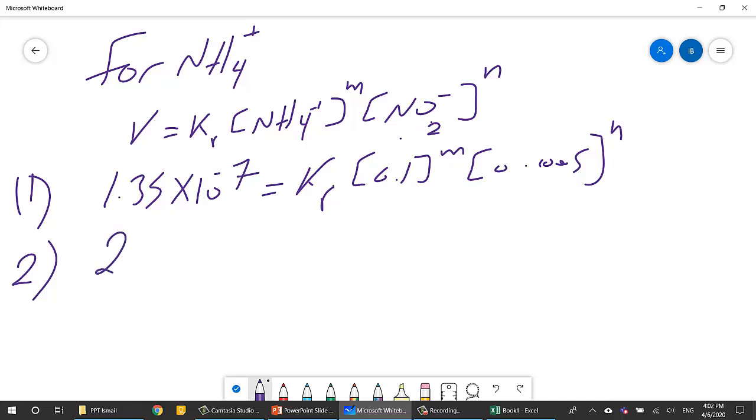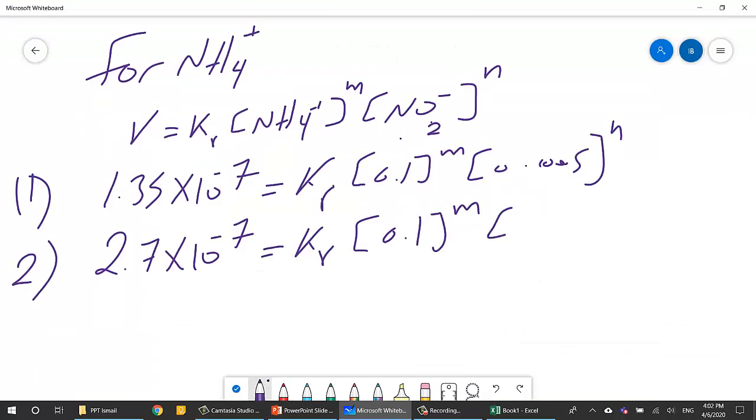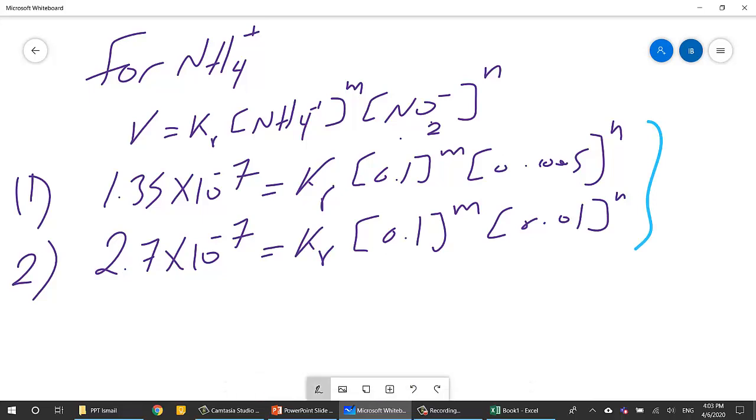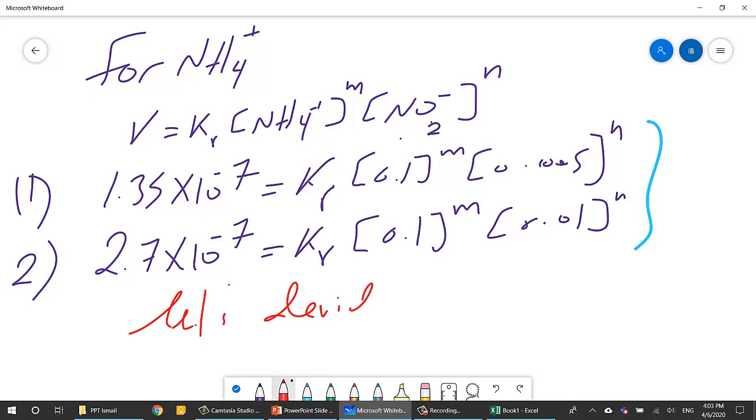But this is 2.7 times 10 to the minus 7 is equal to Kr again. Kr does not change, it's the same thing at constant temperature. The concentration of this is 0.1 again, power m, times the concentration of that, which is 0.01 power n. The best way to do these two equations is to divide the big by the small, okay? So you divide 2 by 1, big by small, I mean the values. So this is 2.7 times 10 to the minus 7, this is 1.35. So let's divide 2 by 1.